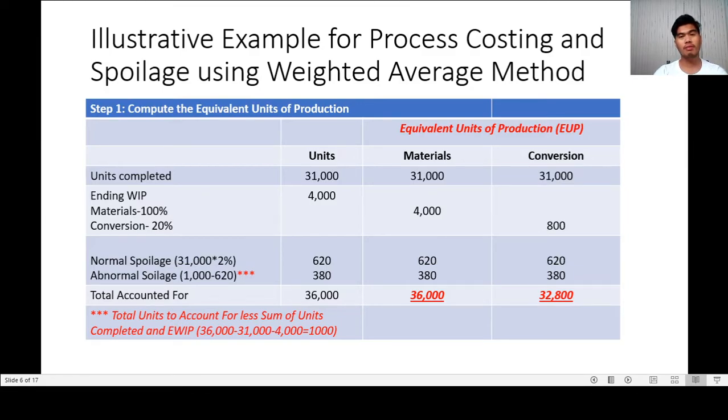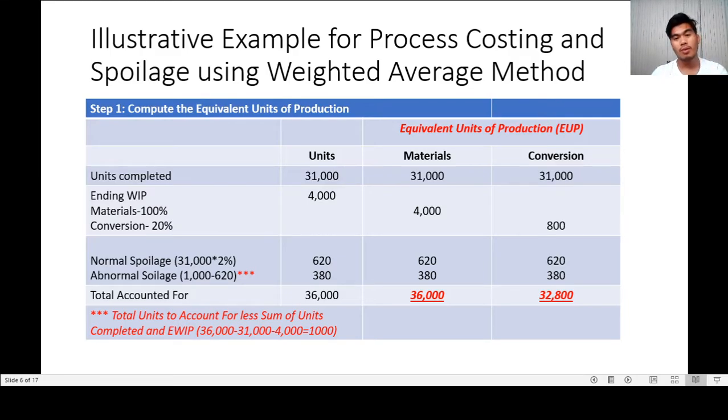So under weighted average method, we will not look into the beginning work in process na. Kasi nga, as if natapos naman siya. So units completed, 31,000. Syempre sabi, ito, completed na siya. So as to materials and conversion, dapat 100% na rin siya.